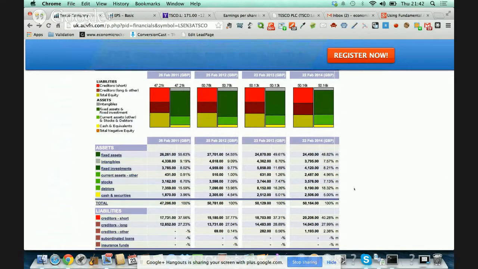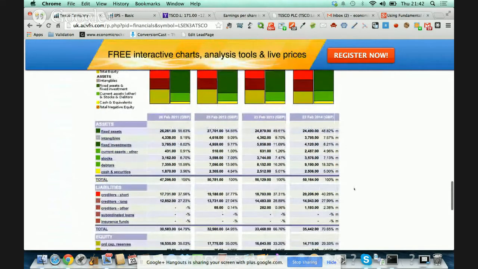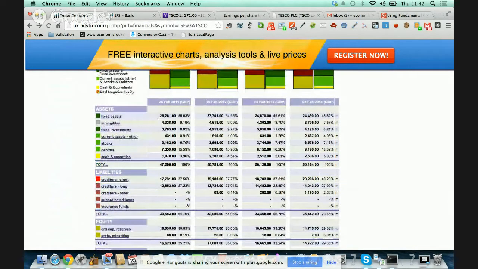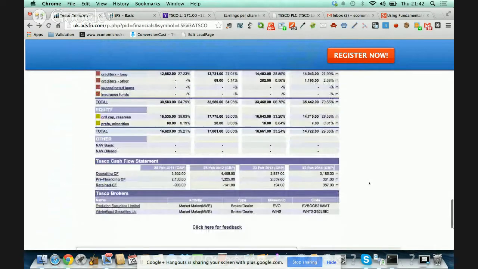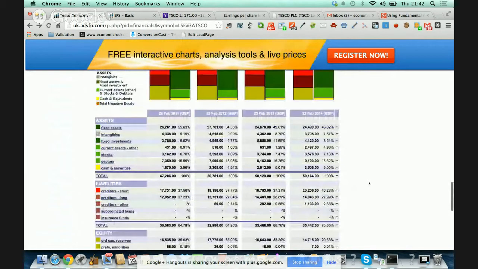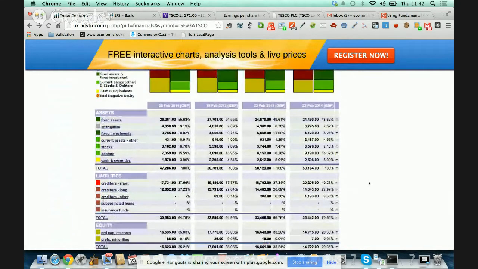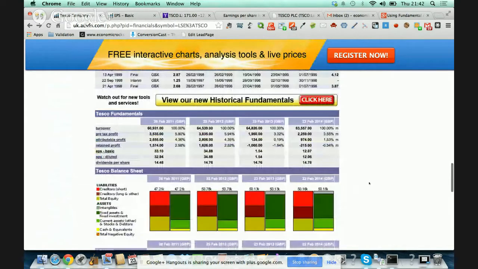So they should be able to pay off some of their creditors. And this is worrying; I don't know what the creditors' days looks like here. I'm sure it can be calculated, but Tesco should try to reduce the amount of creditors that they have on their books. And again, that might have to result in selling off some of its assets.